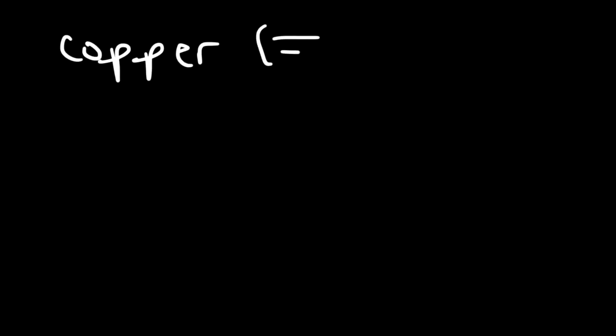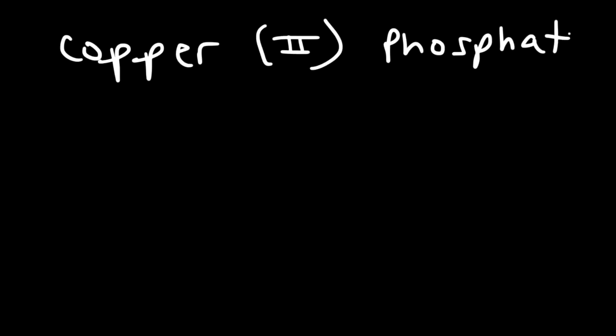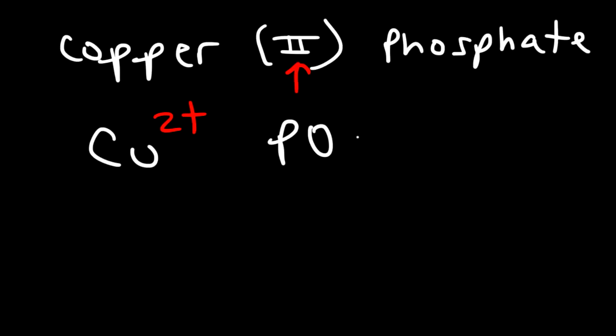Now, what about copper 2 phosphate? What about this example? So we have copper, and the Roman numeral 2 gives us its oxidation state. And phosphate is still the same, PO4, 3 minus.